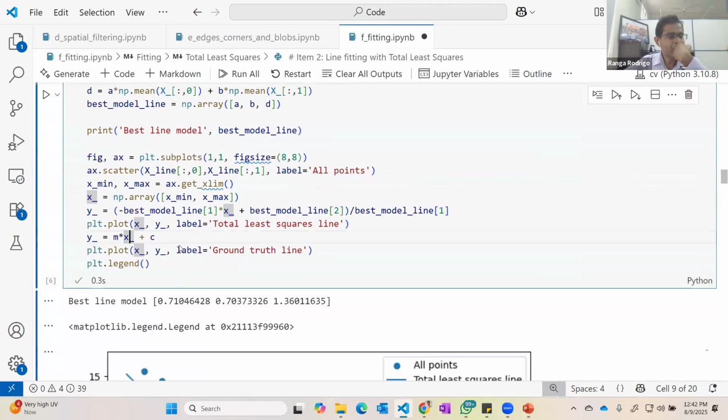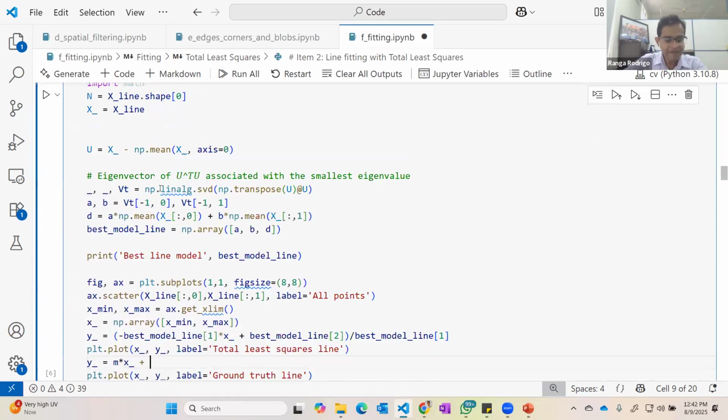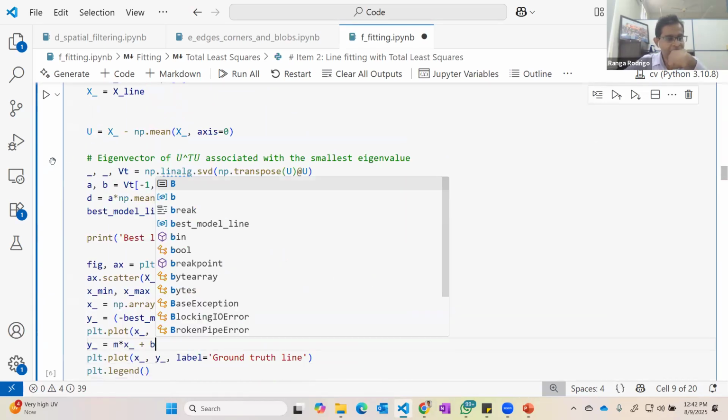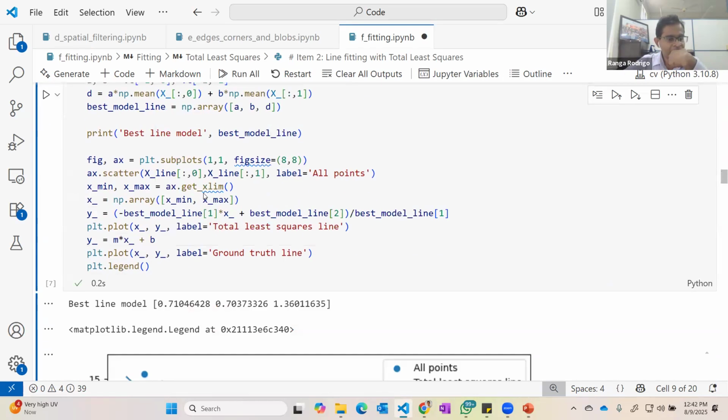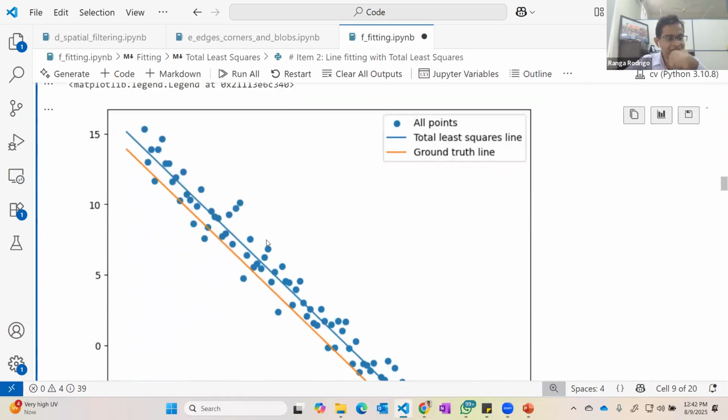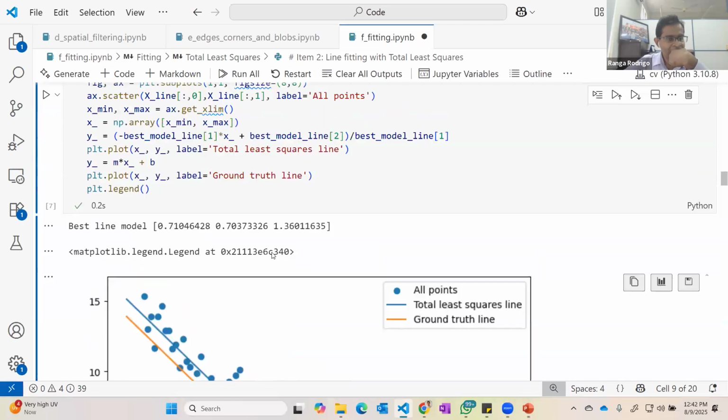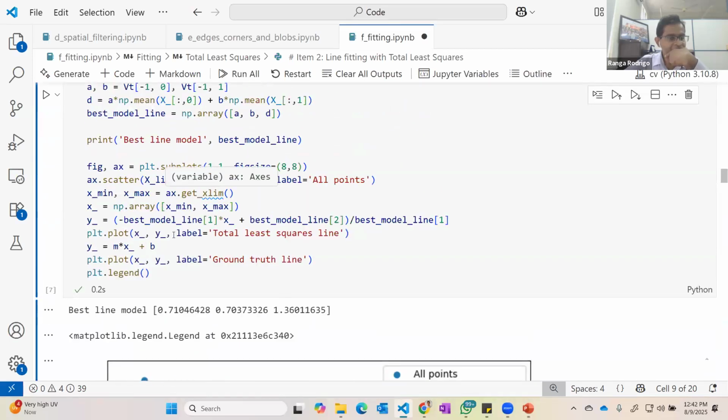Some offset is there. The computation is wrong, I think.